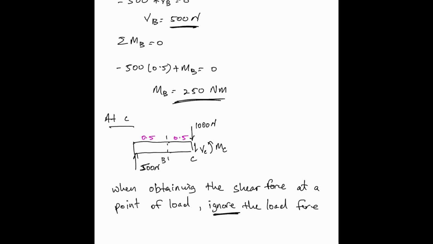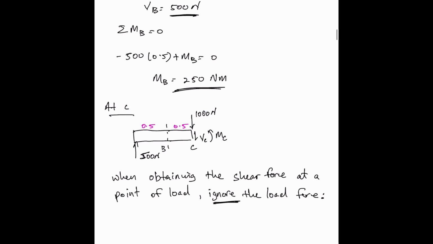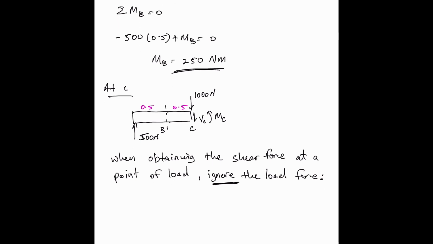This is a kind of shortcut method, or should I say a method that will assist us in drawing the diagram a little better. So we could say the shear force is minus 500, because up, plus VC equal to 0, so VC is 500 newtons. That's at point C.